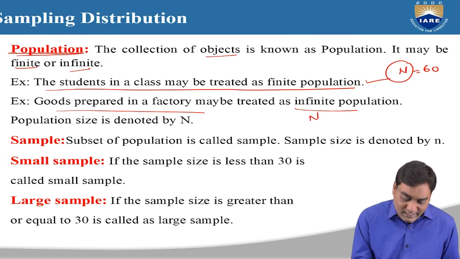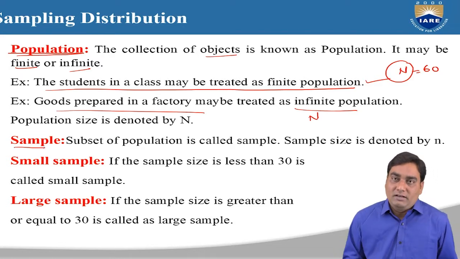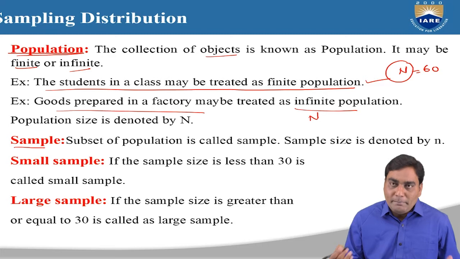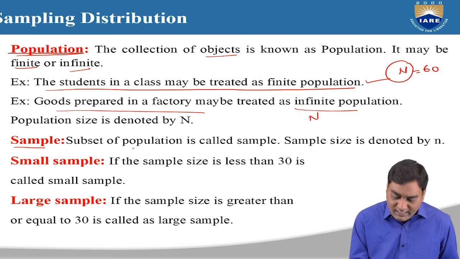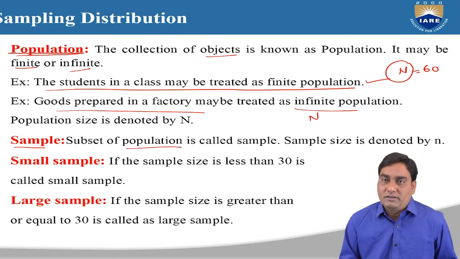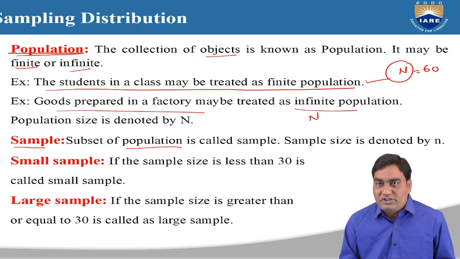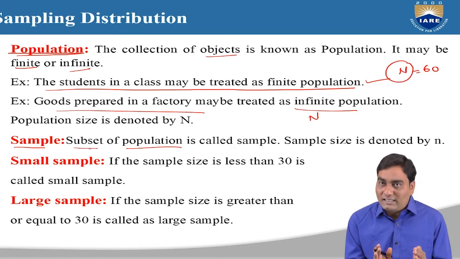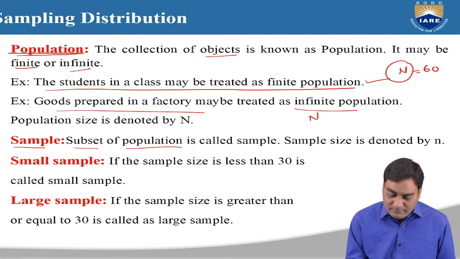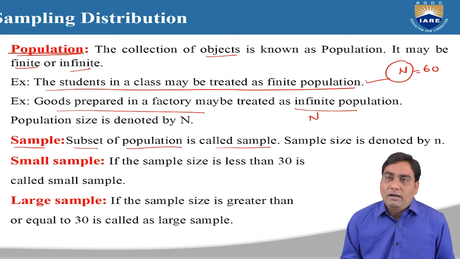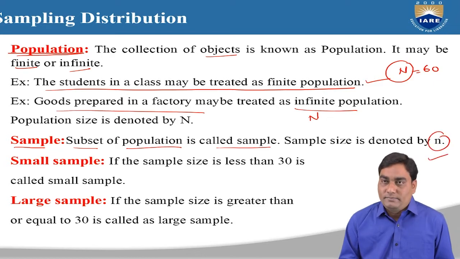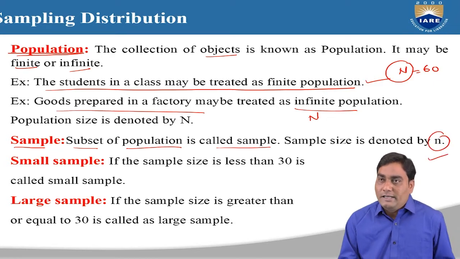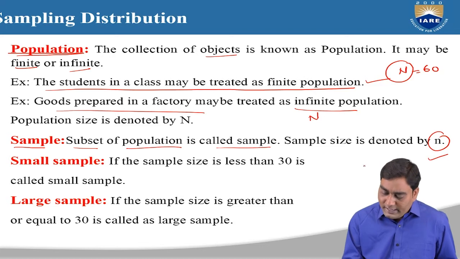Then the second definition, what is a sample? We have discussed the population; the part or subset of the population is called a sample. The sample size is denoted by small n. Suppose in a classroom there are 60 members.